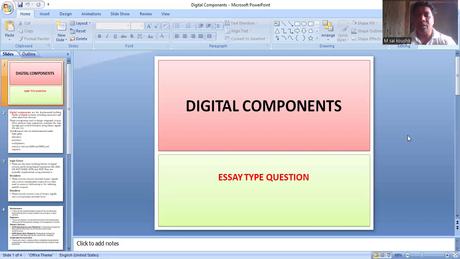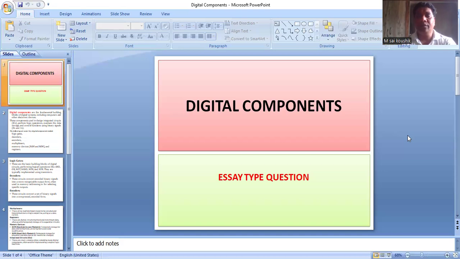So here we're discussing digital components, the various components of the digital computer, the digital system. When you carefully observe a digital computer system, we need input devices, and at the same time, to represent the output data, output devices. Between input devices and output devices, we want a mediator called the processor, like a CPU.